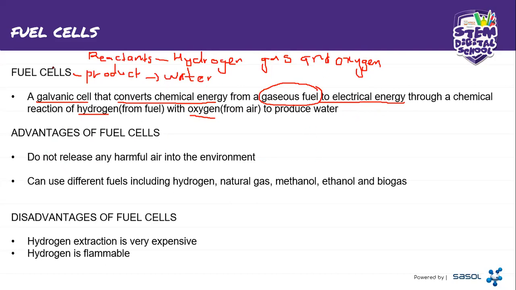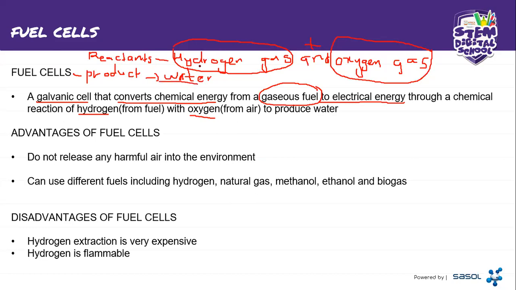So that's how fuel cells work. There will be hydrogen gas from a gaseous fuel, a fuel that is made up of gas, and there will be oxygen gas, which is from air, and there will be a chemical reaction between this hydrogen gas and this oxygen gas, and that is going to produce water.